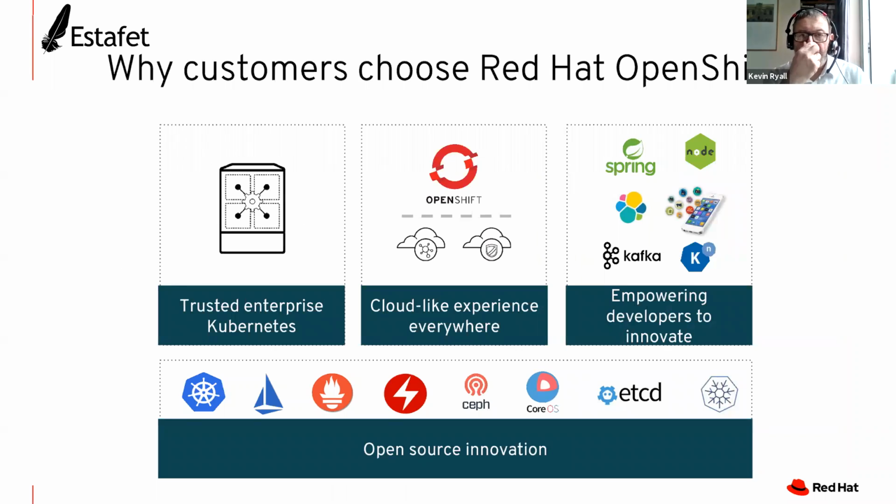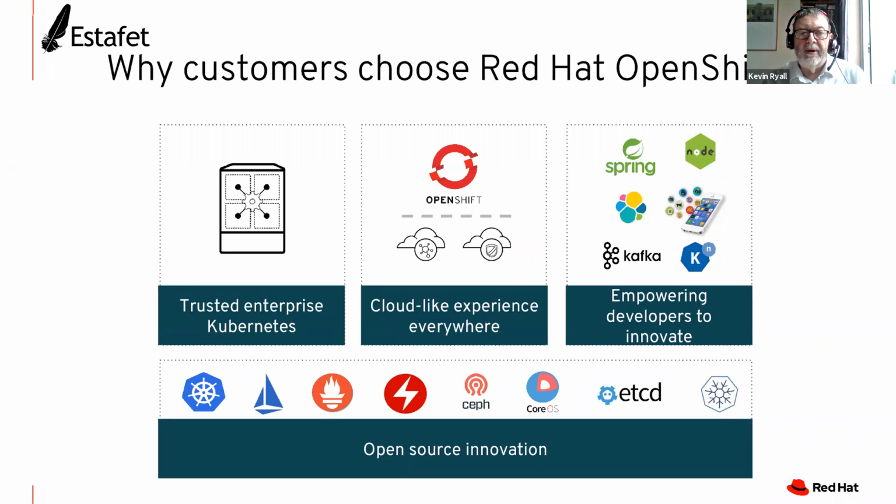So yeah, why do people choose OpenShift? Again, this is the marketing side, obviously. At base, it's Kubernetes, but it's been incremented, if you like, by various. It's a trusted enterprise Kubernetes. It's been hardened. It's more secure.